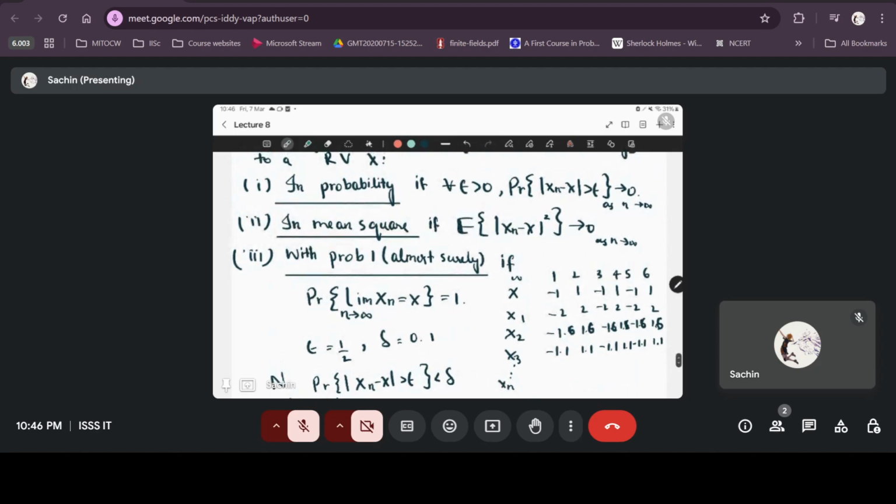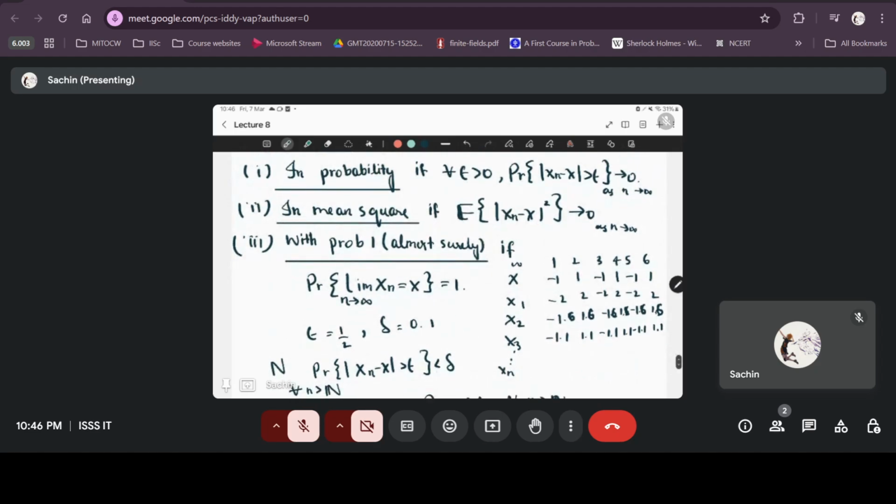Now here I took all these outcomes to be equally likely, but suppose each of these outcomes had different probabilities. Say this is half, this is 1/4, these were 1/8 or 1/16 each, something like that. And these values are also different.